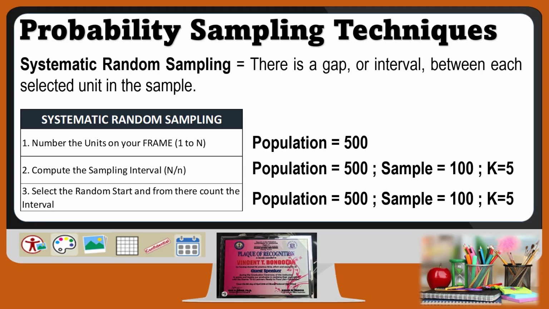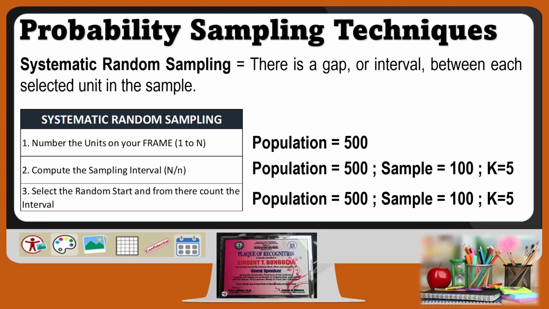The second one is the systematic random sampling. There is also confusion in this sampling technique, guys. In systematic random sampling, there is a gap or interval between each selected unit in the sample. There are steps to do this. First, you need to number the units on your frame.